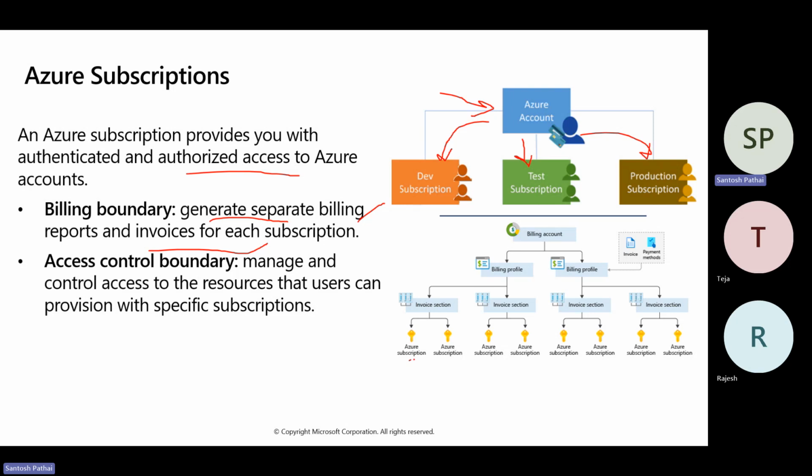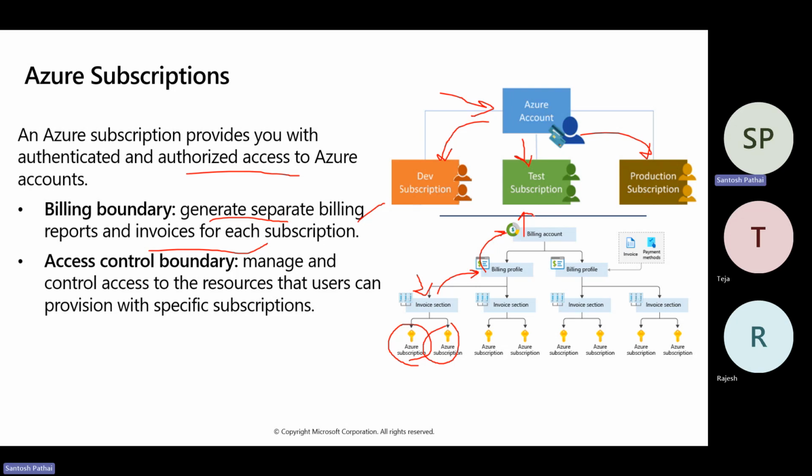So for example, this is my single subscription. In that, I'm having another subscription also in the same invoice section. Now it is associated with a single billing profile, and this single billing profile is associated with a billing account.